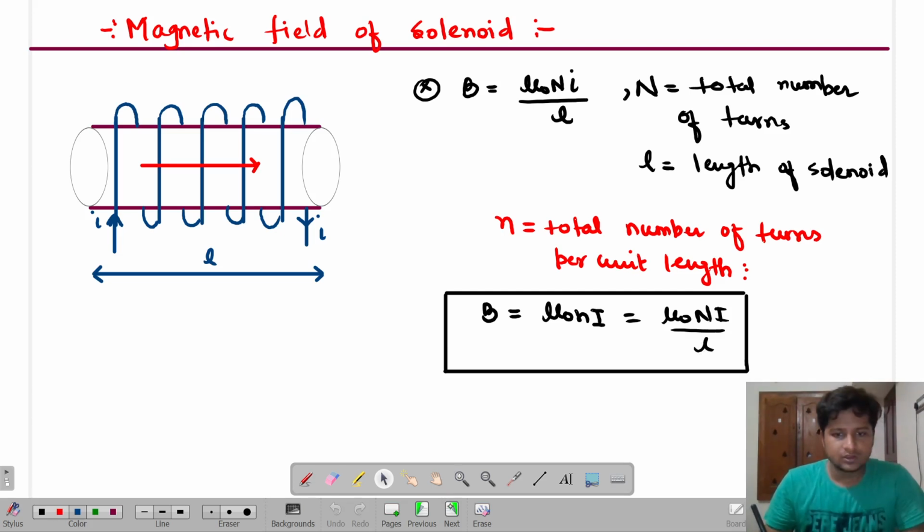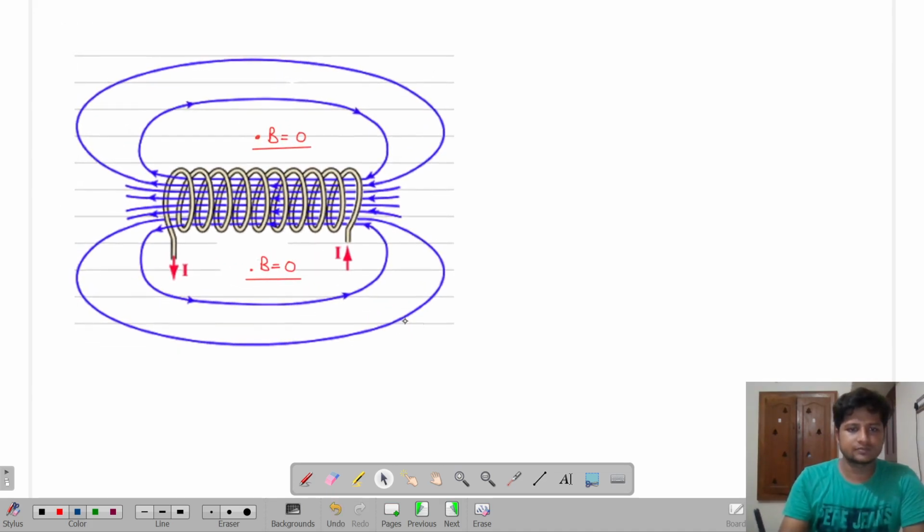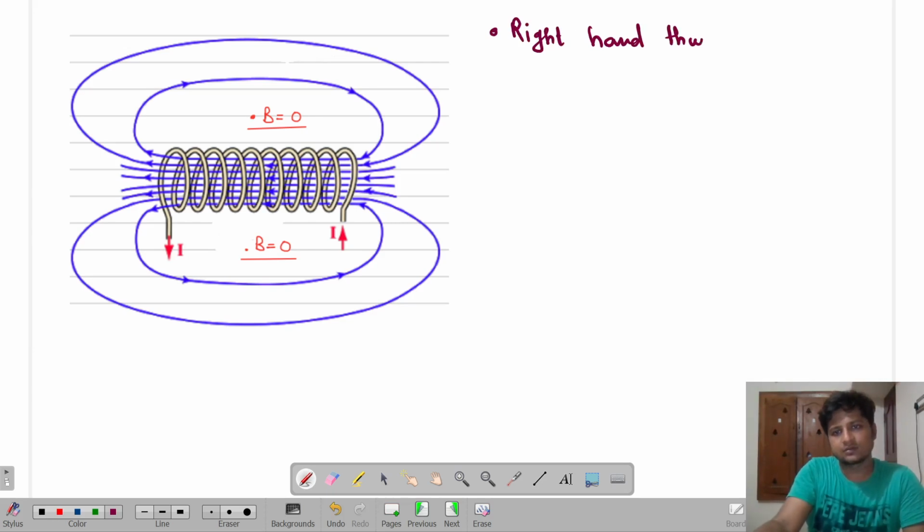Okay. So let us suppose I have a solenoid, can you see the image? And some kind of current is entering. Then here also, the first thing to remember is that you need to apply the right hand thumb rule to find the direction of magnetic field. Here also you'll apply the same right hand thumb rule. Are you able to get me or not?